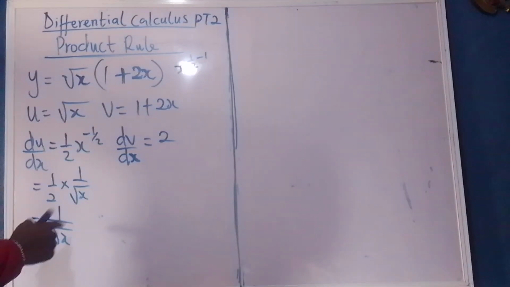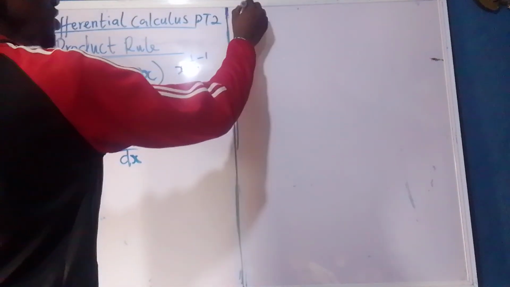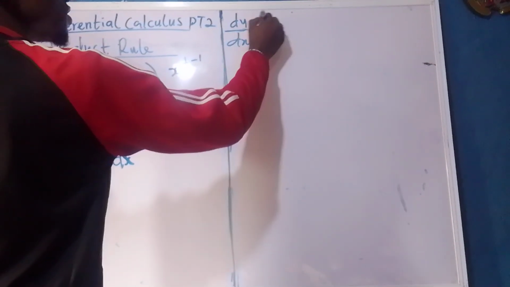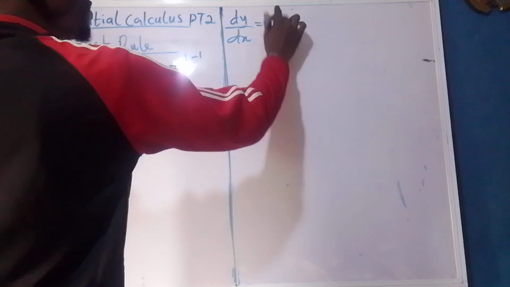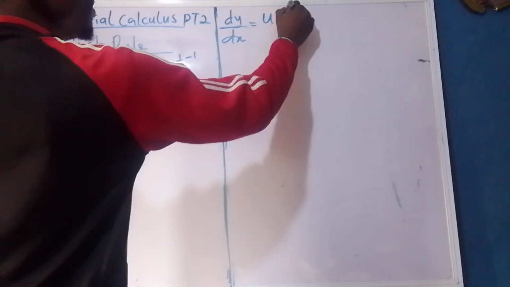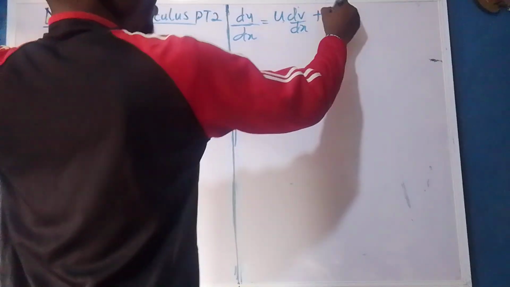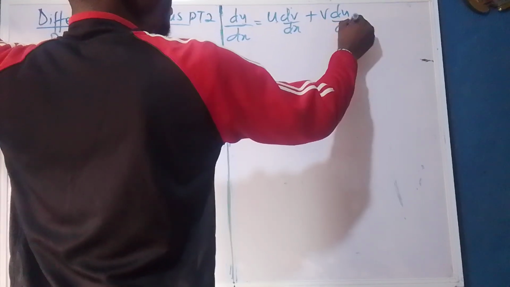So then you put in this value into the formula for product rule, which is dy over dx equals u dv over dx plus v du over dx.